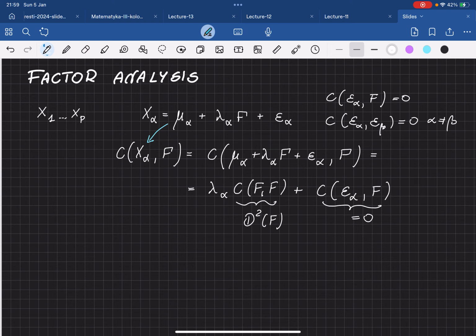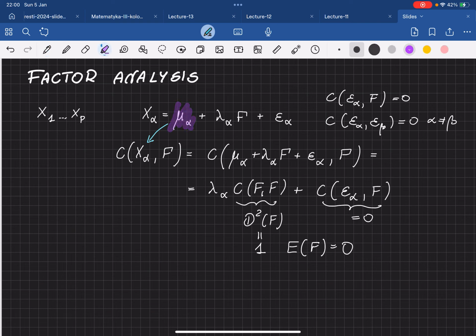Usually, we also assume that the factor f is normalized, which means that the variance of this factor is equal to 1. And of course, we assume also that mean value of f is equal to 0, which means that the only place where this expectation value appears is just here.